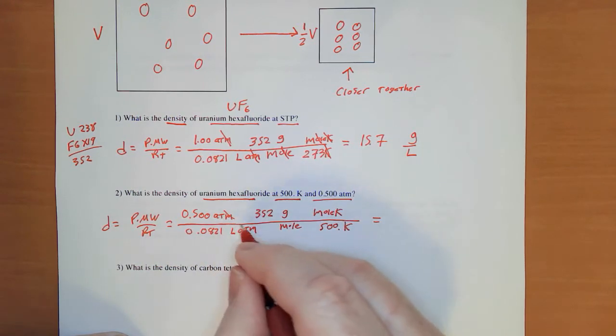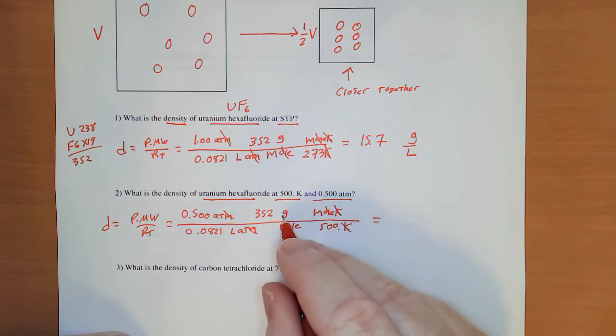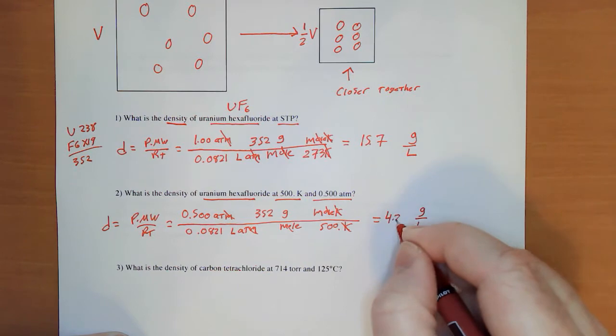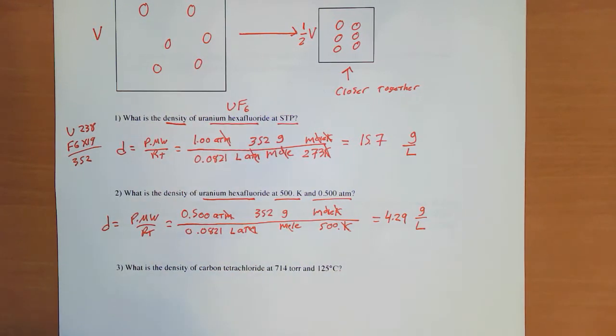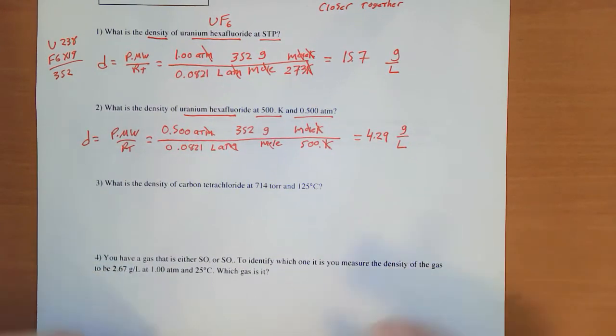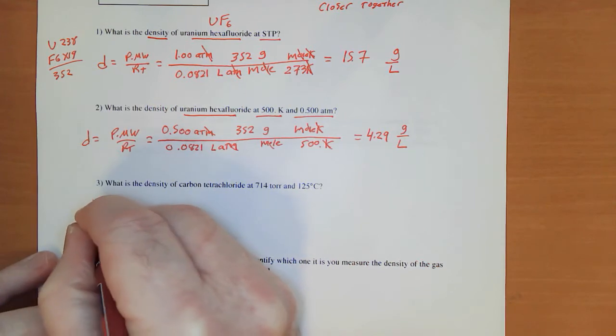Okay, atmospheres, moles, Kelvin cancel. Now I've got grams per liter again, and this time it's 4.29. Much less dense at these conditions than at our original set. Okay, again, higher temperature is going to cause the particles to spread out more. Lower pressure will allow them to spread out more. That's less dense.